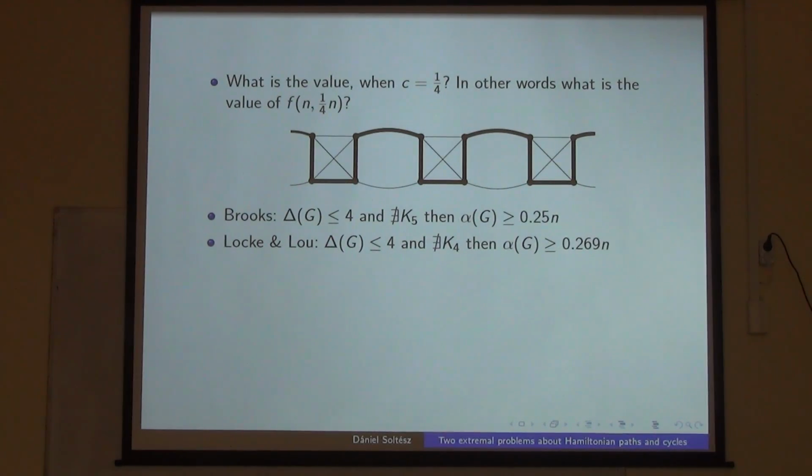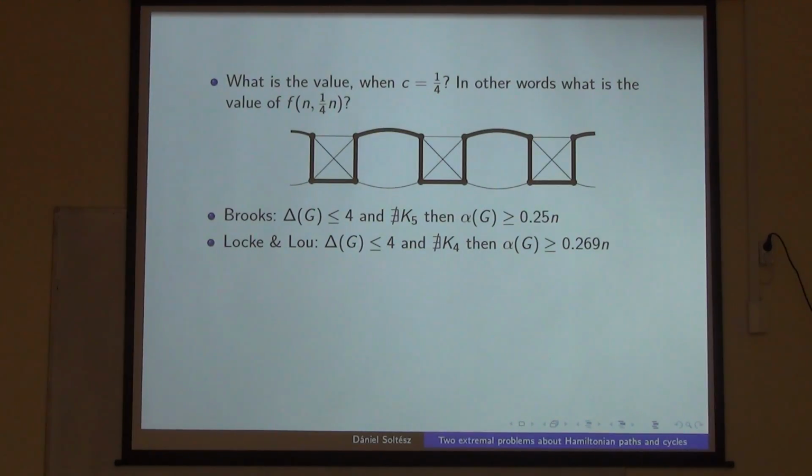Lakendu says that if delta is at most 4, so that's the same, but we now forbid even K4s, not just K5s, then we have a slightly better lower bound on the independence number. I mean, one would expect such a thing to be true, and they worked really hard to prove it. So it's not an easy theorem, but still, it feels better to use it because of that.